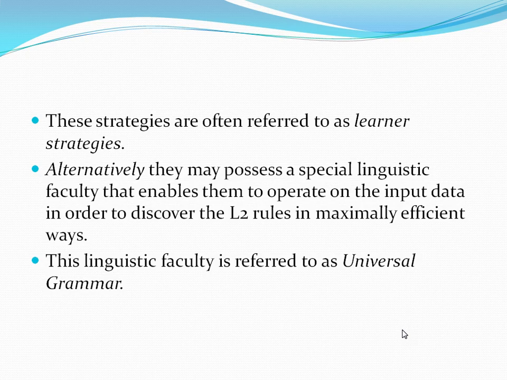And this linguistic faculty is referred to as universal grammar. First, cognitive style means the cognitive process followed by learners: any study, writing, drill, repetition or anything else. That is one process, where you exercise your cognitive ability.